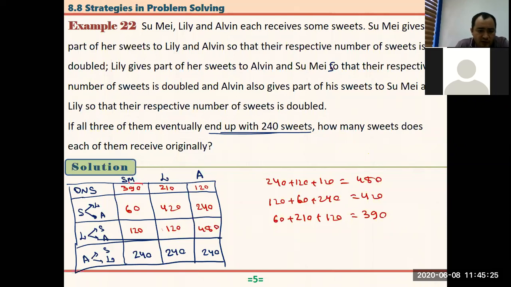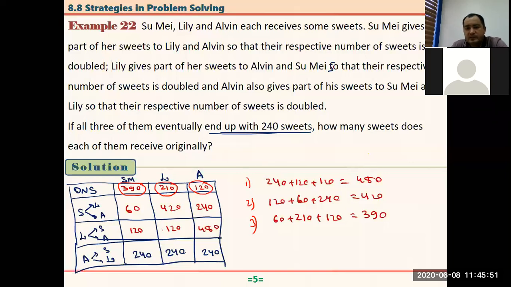So originally, Sumay had 390 sweets, and Lily had 210 sweets. Alvin had 120 sweets. Okay, using tables, and after that, you move in big word, right, and get the solution. The first procedure, the second one, and the third one.